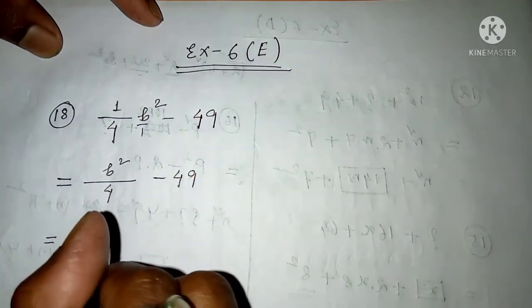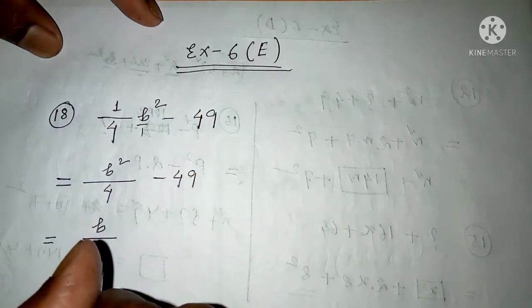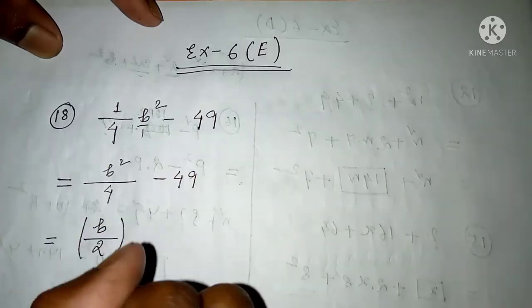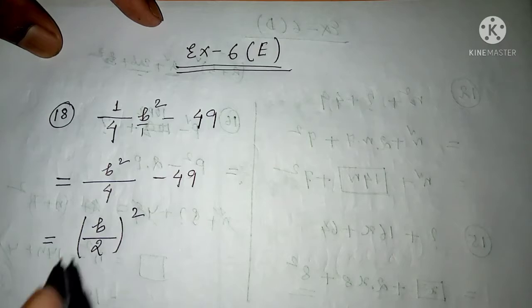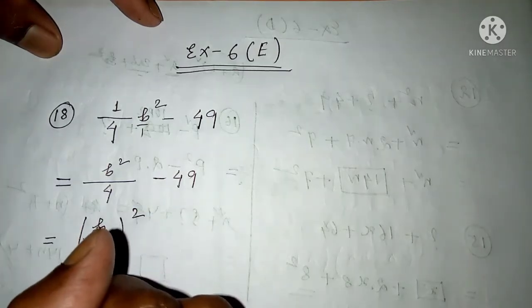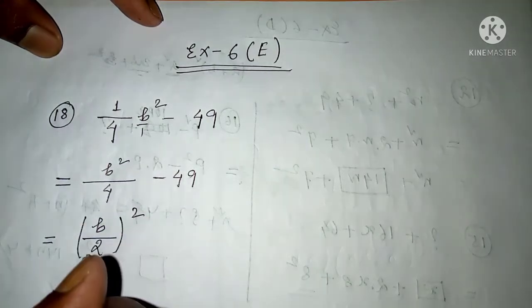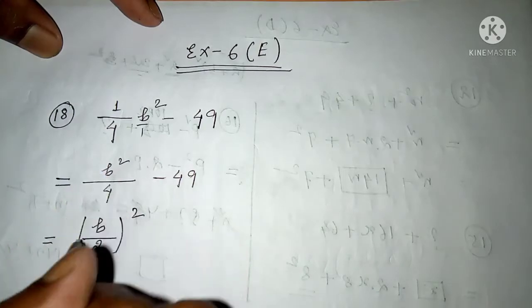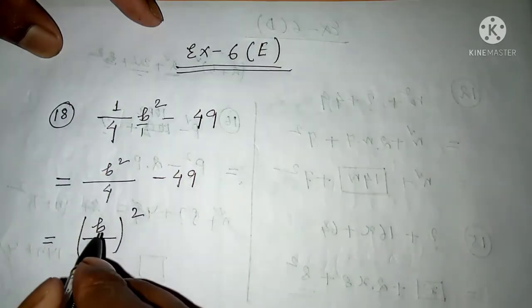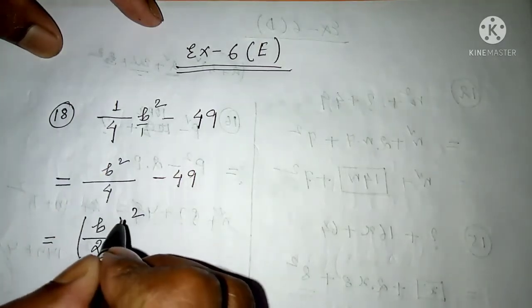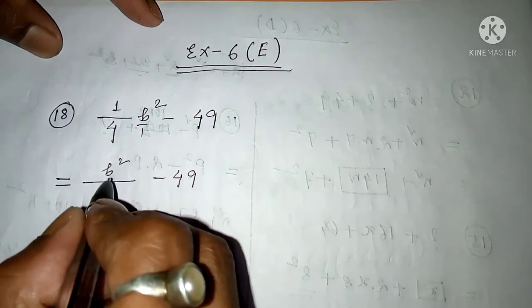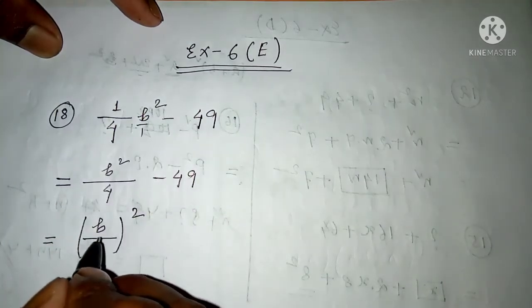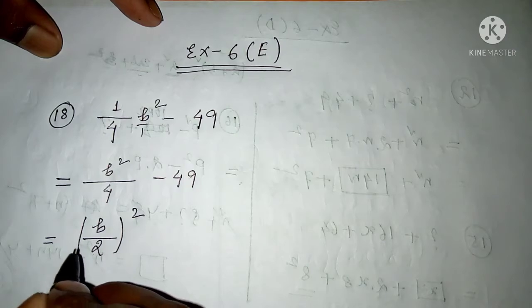So b square is already there, and 4 means can I write 2 square? Now I'll write the whole square, which means b square will come over b, that will give me b square, and when it comes over 2 square, that is your 4. I'm not making any changes. I'm not changing the whole system, the value remains the same, I'm just writing it in square form only.